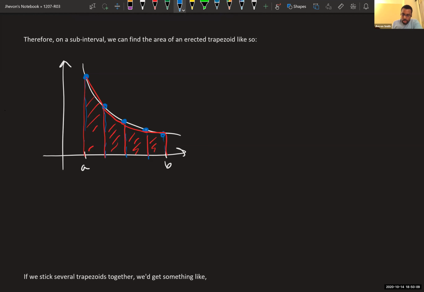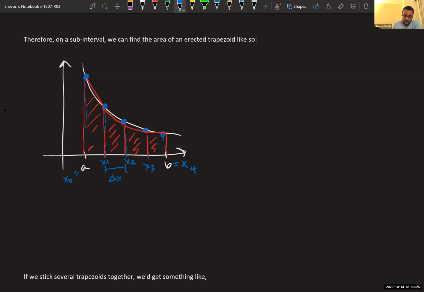So for example, if the base is delta x, call this x0, call this x1, call that x2, call that x3, call that x4, or whatever.